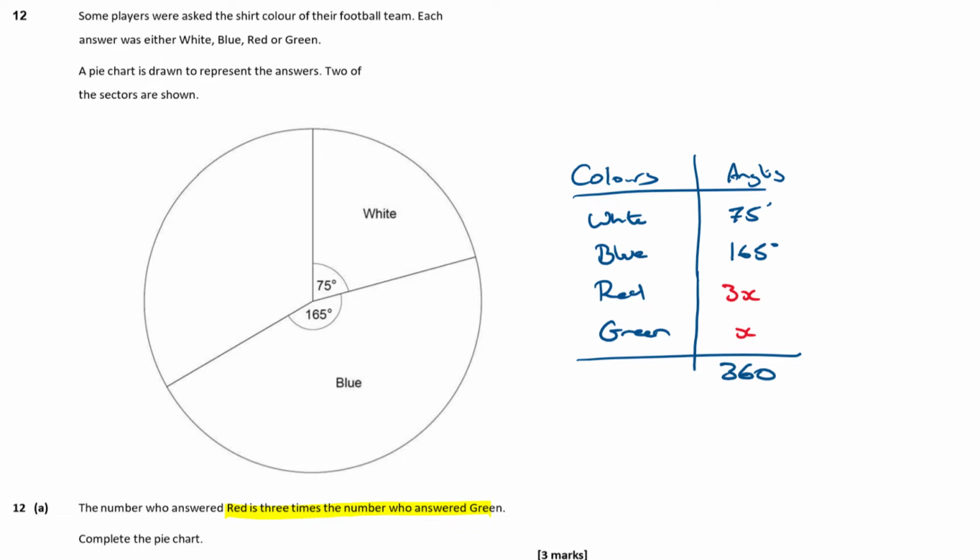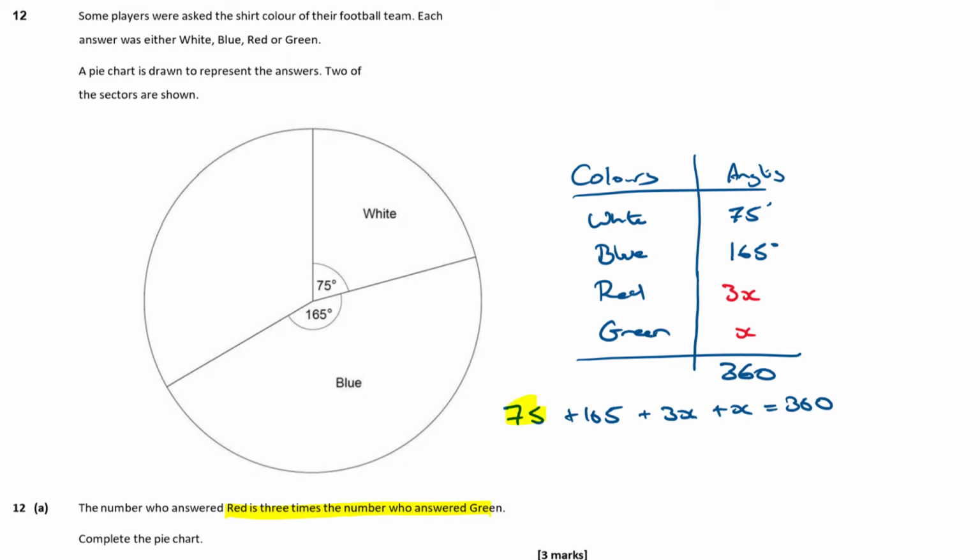So I've got my 2 angles, 75 and 165, and I've got my 3X and I've got my X, and they should add up to 360 degrees, shouldn't they?